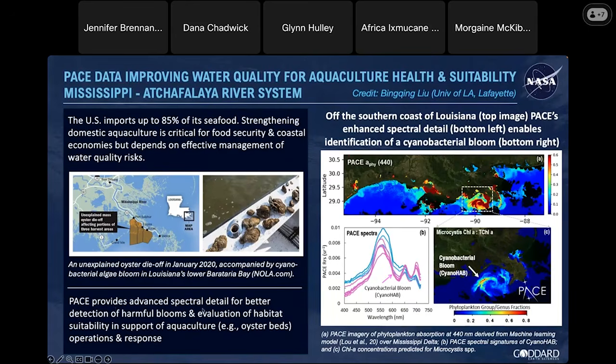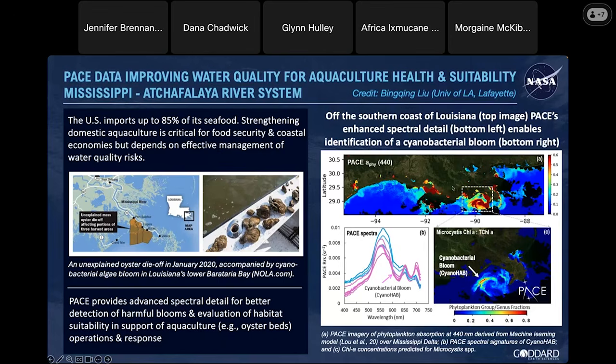With PACE's advanced spectral detail, they're using field data, PACE and actually EMIT data, and machine learning to identify the spectral signatures unique to the different phytoplankton types. Here you can see this pink one is separating the cyanobacterial bloom from other blooms.